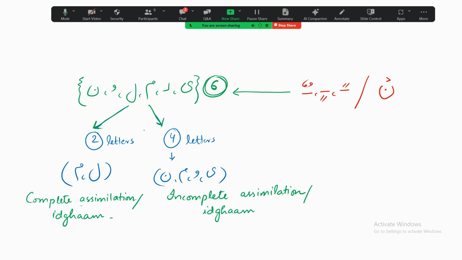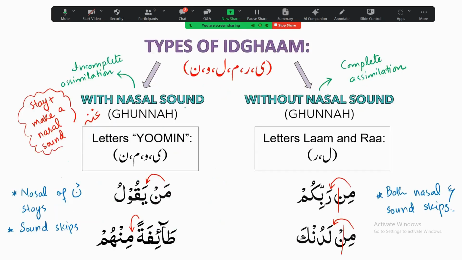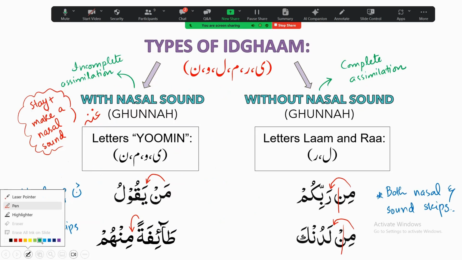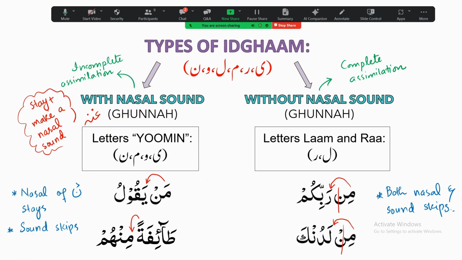So the two types that it is further divided into, let's see those as well. The types of idgham are idgham with gunna and idgham without gunna, right? These are the names of the two types. So what is gunna here? Let me explain this term first. Gunna is an Arabic term, or you can say a Tajweed term.